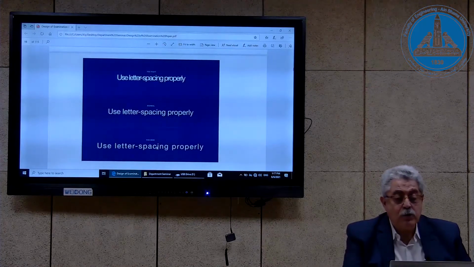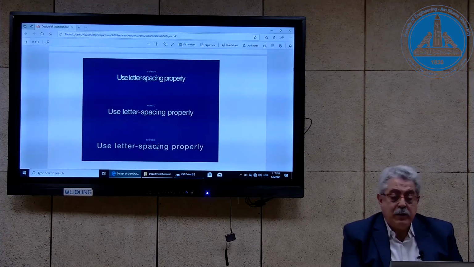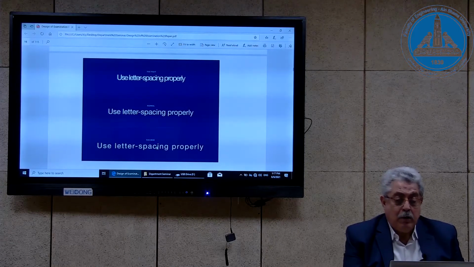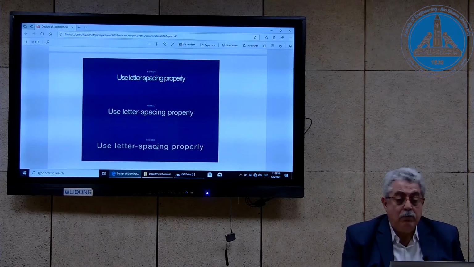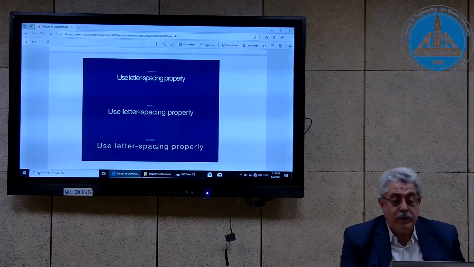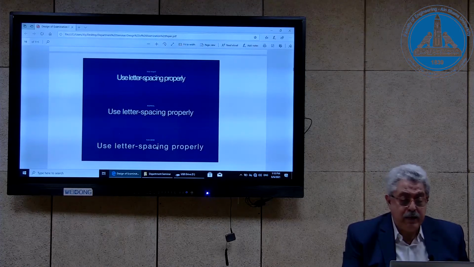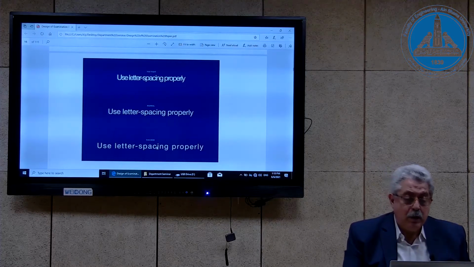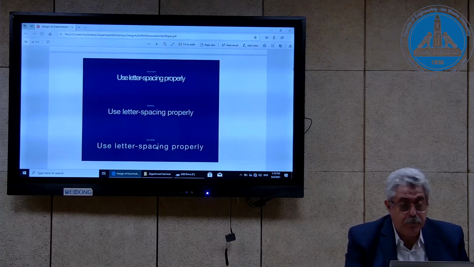Here has to do with letter spacing and the use of letter spacing properly. The example in the middle is proper use of letter spacing. The one up is a little dense and the one down is a little sparse, but the best letter spacing is the one in the middle.